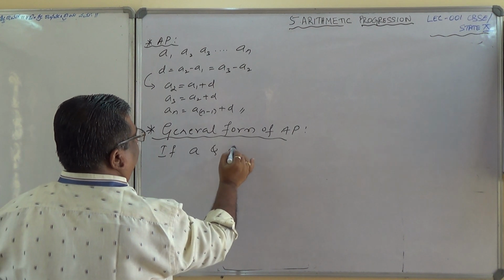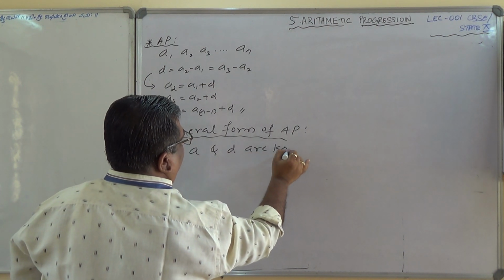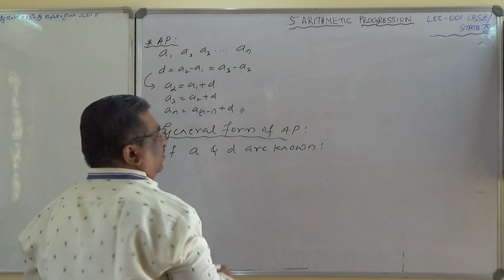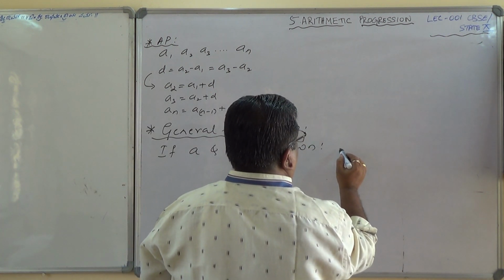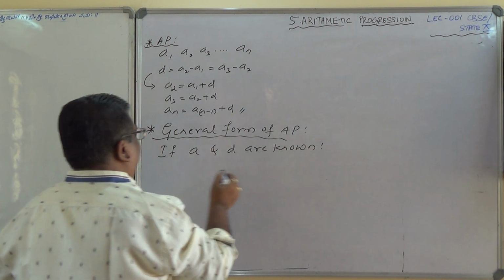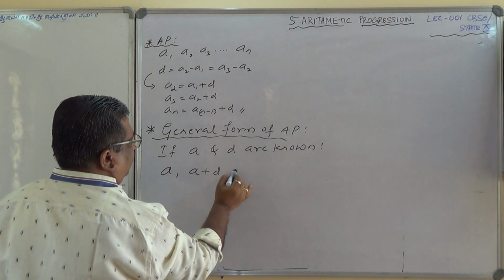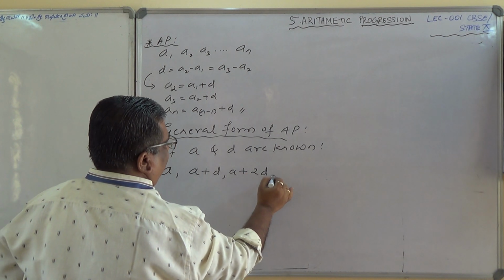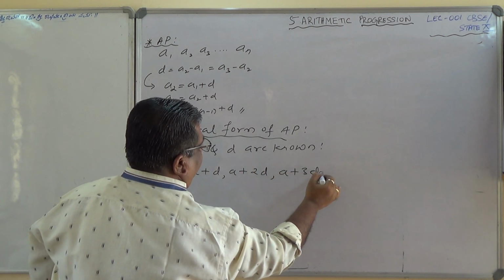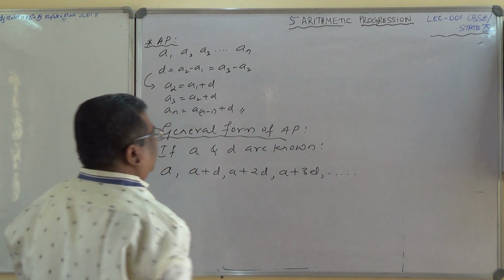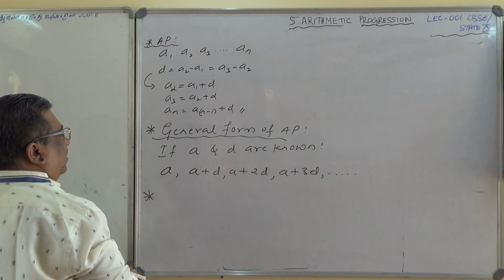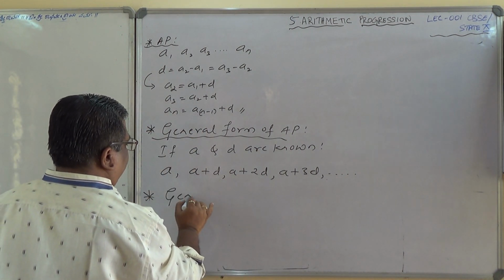If A and D are known, then the general form of an AP is A, A plus D, A plus 2D, A plus 3D, continuing.